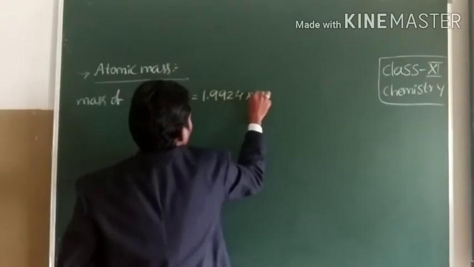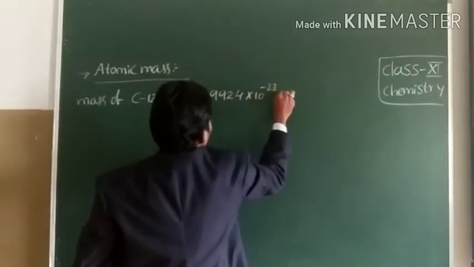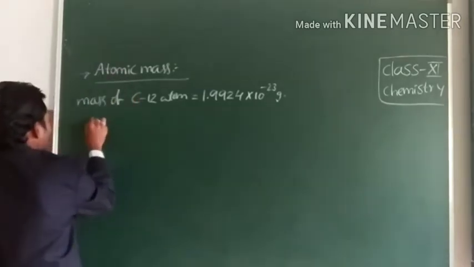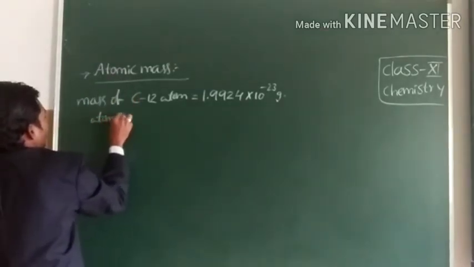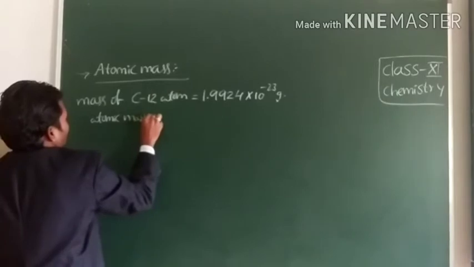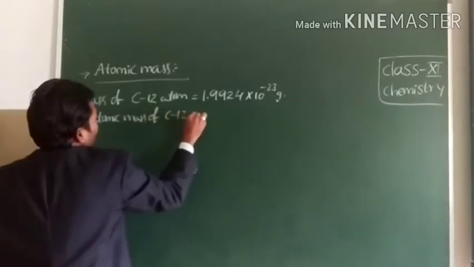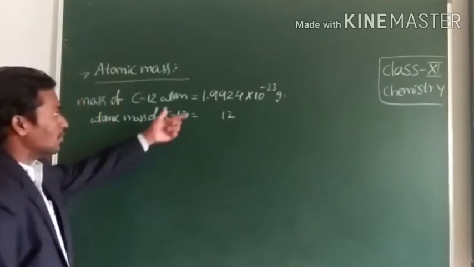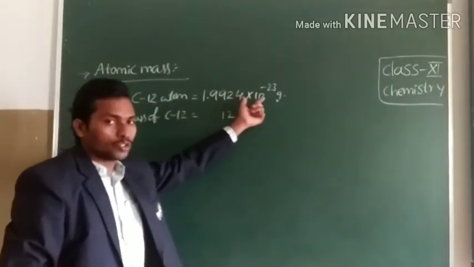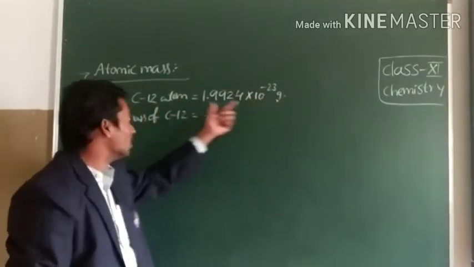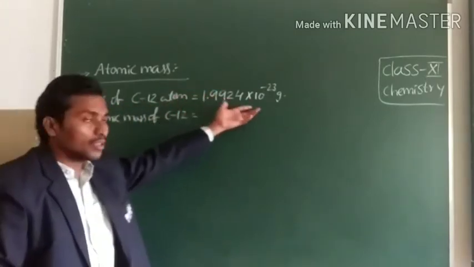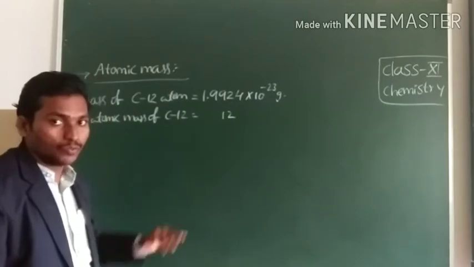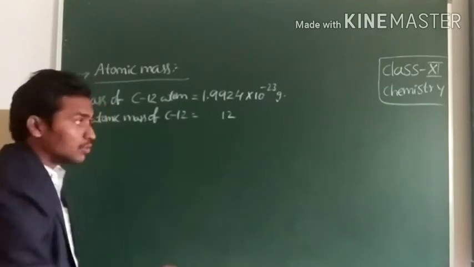is 1.9924 × 10^-23 grams, and the atomic mass of carbon-12 isotope is 12. When we divide 1.9924 × 10^-23 grams, the mass of carbon-12 isotope, by the atomic mass 12, we get the mass of 1/12 of a carbon atom.